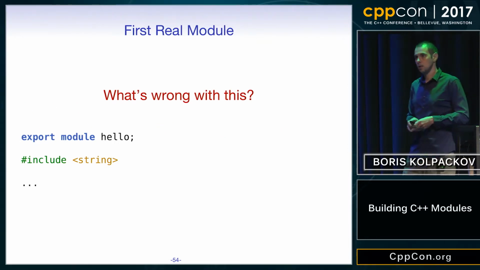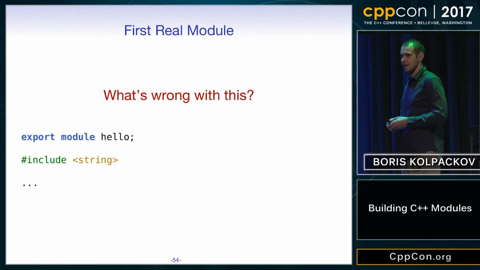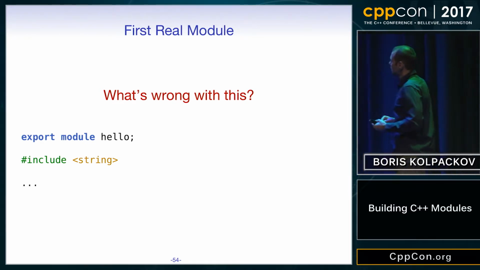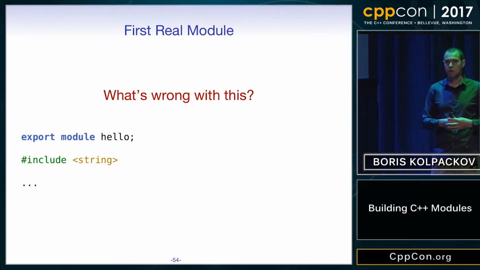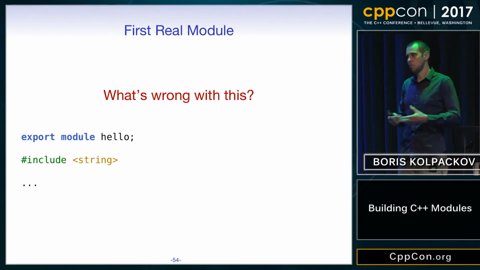So with this understanding, who can tell me why this is a bad idea? Right. So what we did here is we included standard string in the module purview, which means that all the names that it declared now belong to this module.